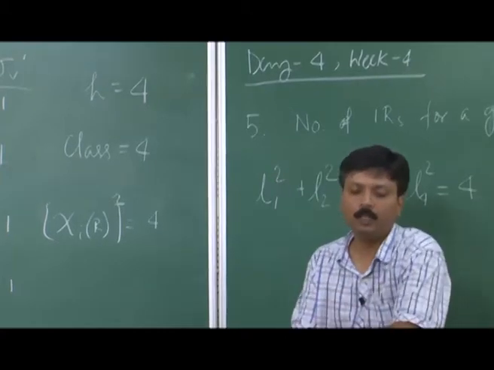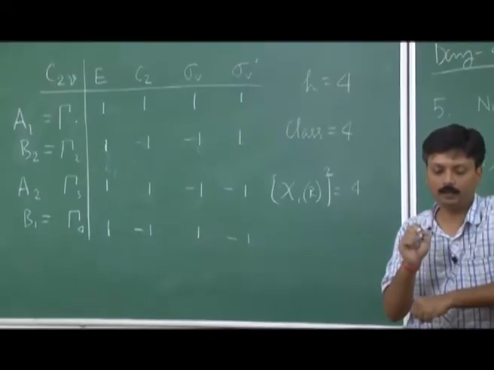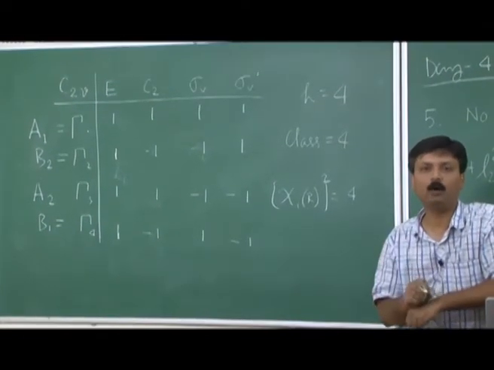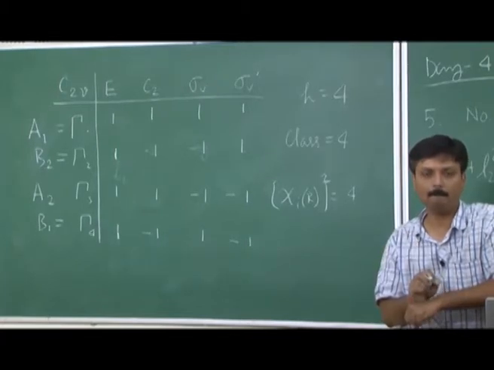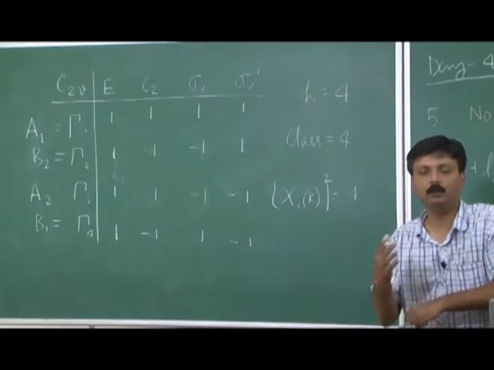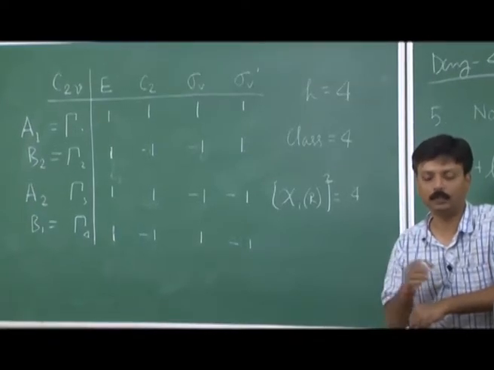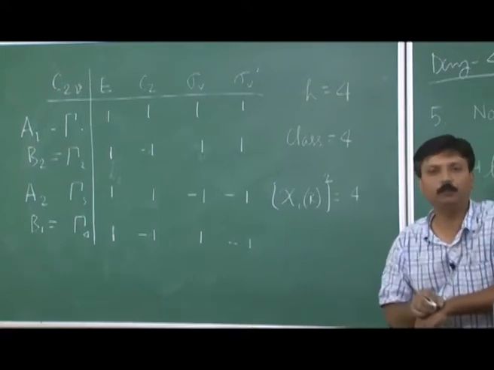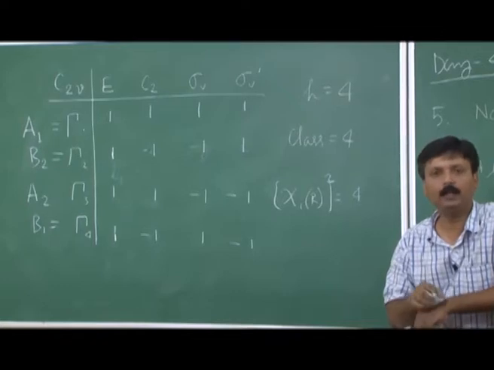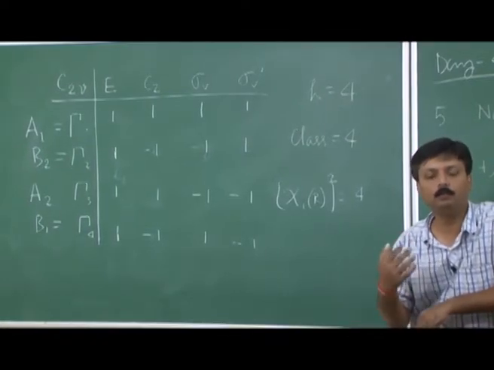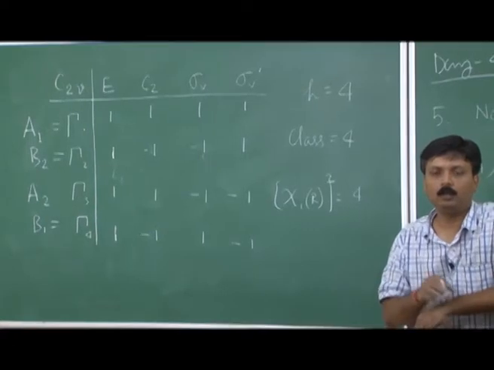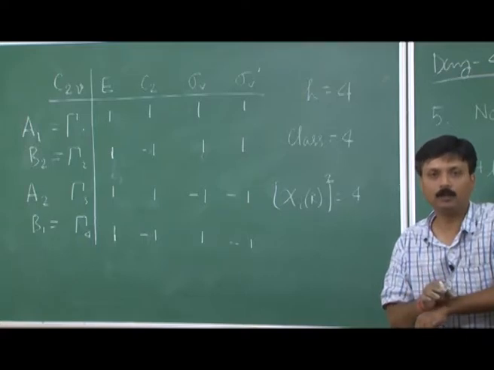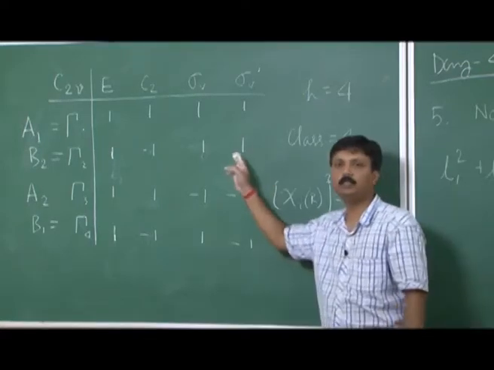So all you have to do is take these functions, say x, y and z, or Rx, Ry, Rz, or on the other side xy, xz, x squared, all of these, and individually operate all the symmetry operations belonging to C2V, and you generate the representations. If you form representations which are irreducible, you can immediately find out which irreducible representation that is.